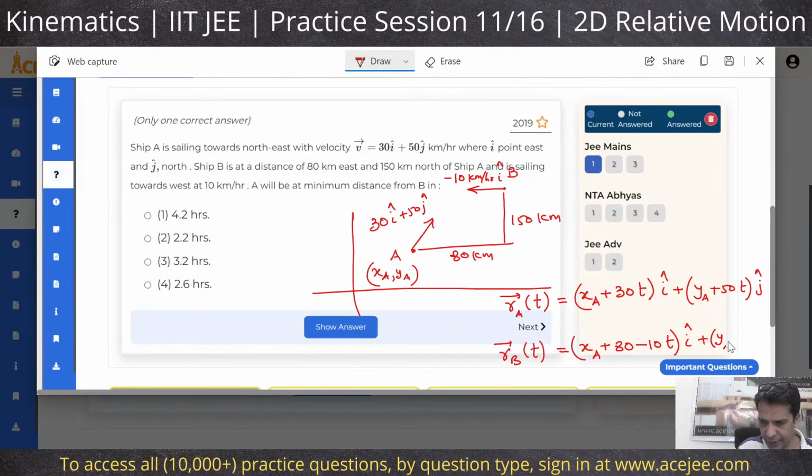It will remain the same, YA plus 150. There is no t in there. What we are trying to figure out is their relative position or the distance between the two. So how do we find the distance between the two? The relative position vector is, let's say, RA minus RB, position vector of A with respect to B, or you can do the vice versa, RB minus RA. Either way is fine. We're only interested in the magnitude.